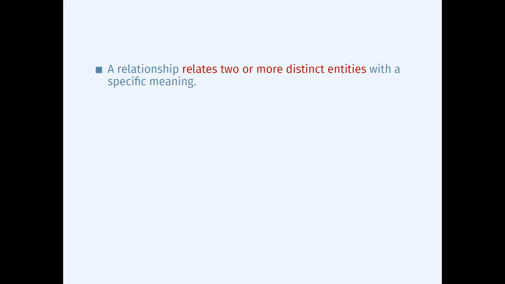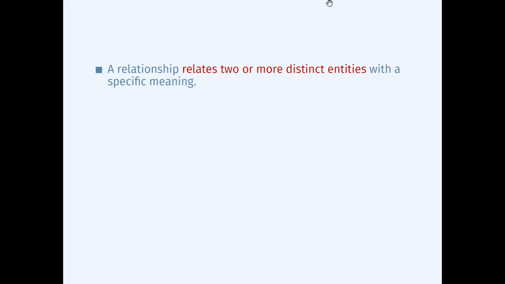A relationship means it relates two or more entities. Now, for example, an employee can work on projects. So what we can do is we can have a relation. So how do you put the relation?